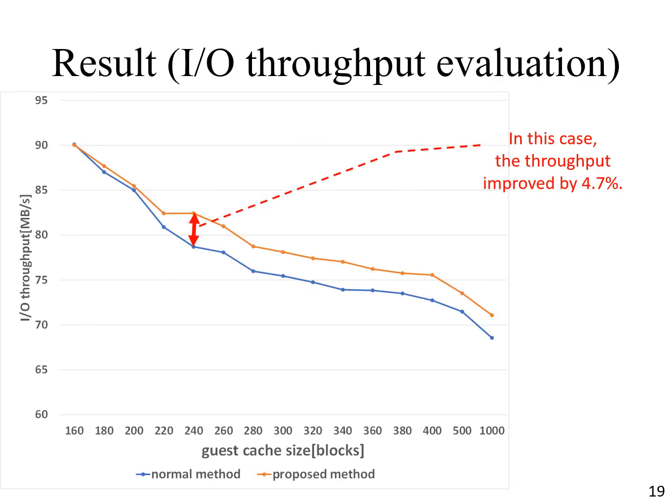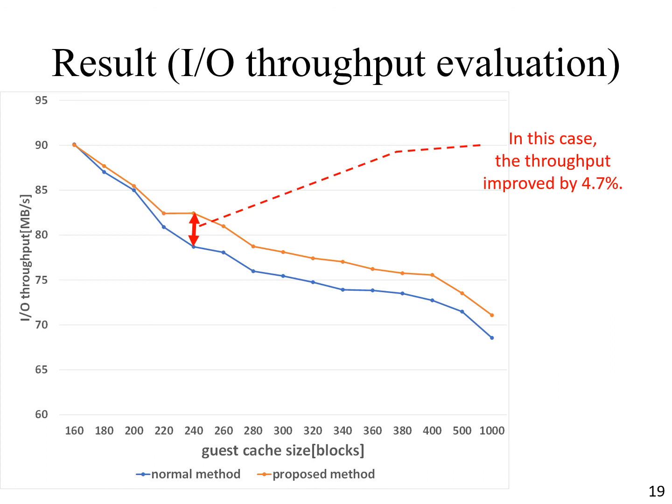This is the result. The blue line is the LRU. The orange line is the proposed method. We can see that the proposed method outperformed in all the cases in this graph.